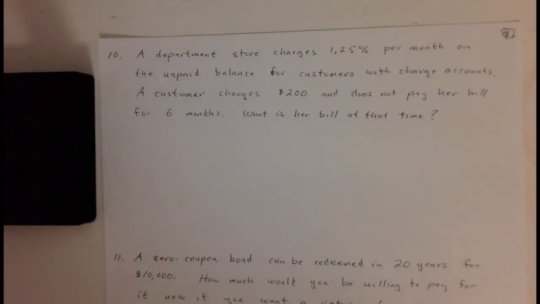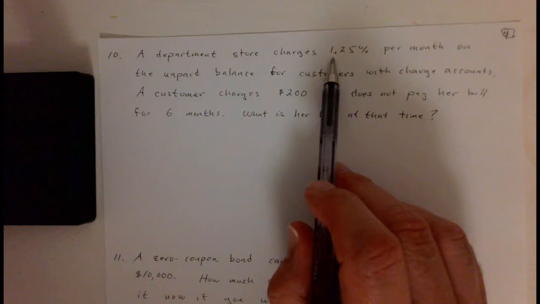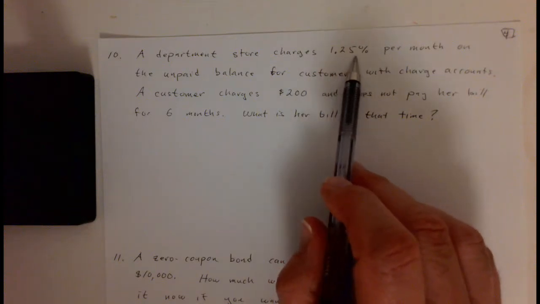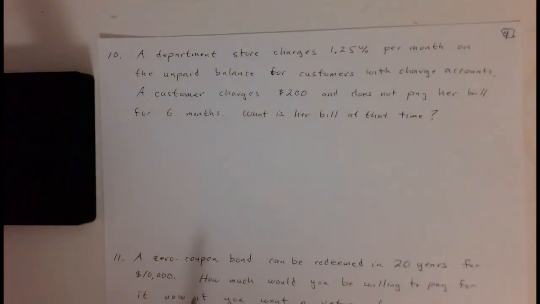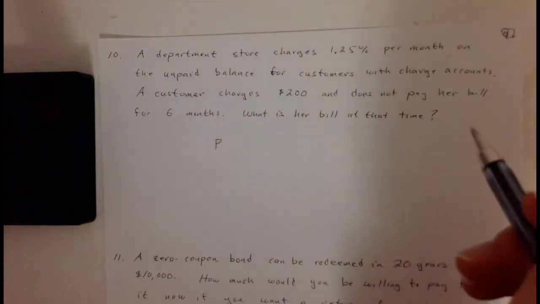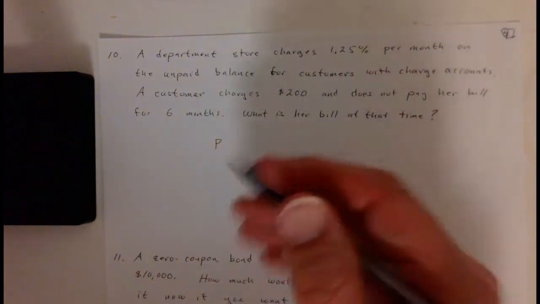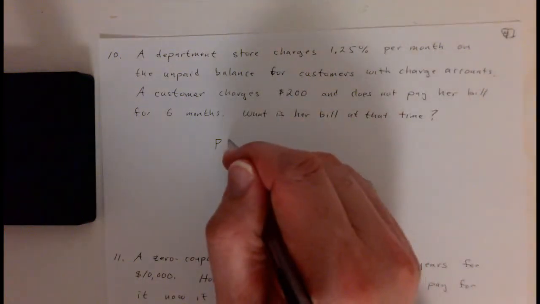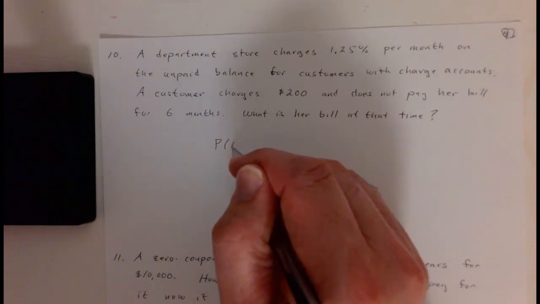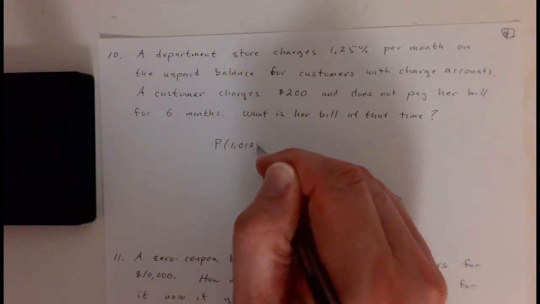So we need to think a little bit outside the box. This is how much the balance is increasing per month, right? So if P is our principal, after T months, well, we can see that after 1 month, it would be P times 1.0125.